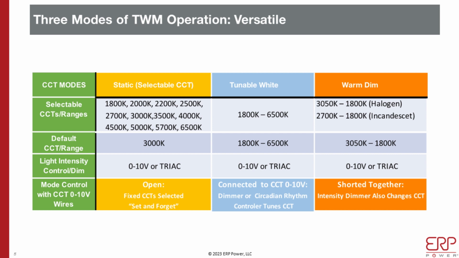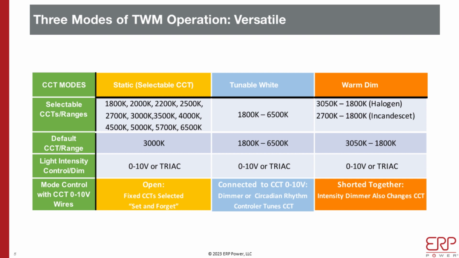Now, warm dim is where, as I earlier talked about, it essentially goes through, let's say, this is for mood, or later at night, you don't want to have the blue content, you don't want to go to high CCT, let's say 4,000, 5,000K. So this will support from 3050 to 1800, or in incandescent mode it will be 2700 to 1800K.